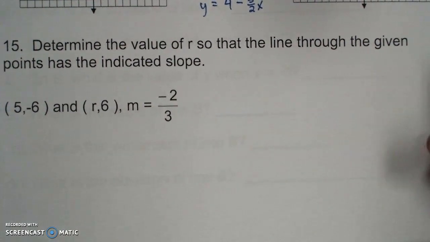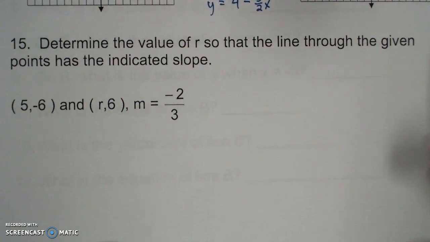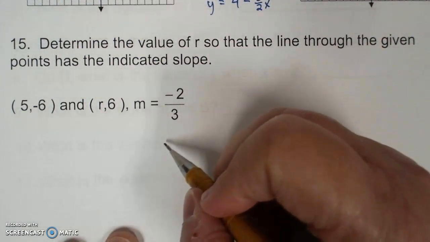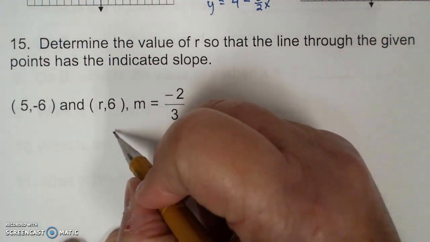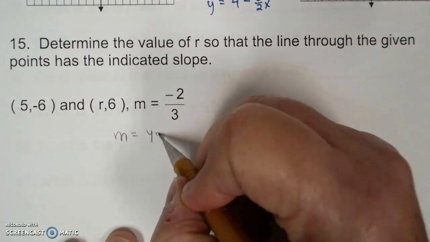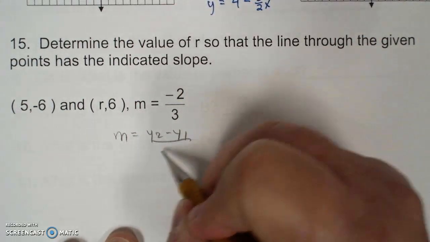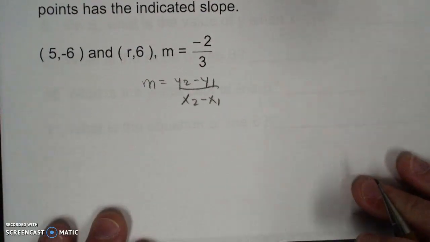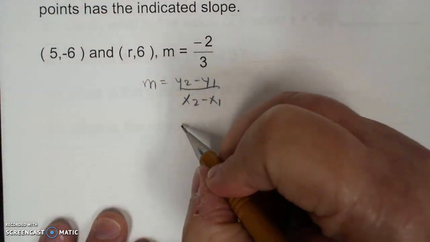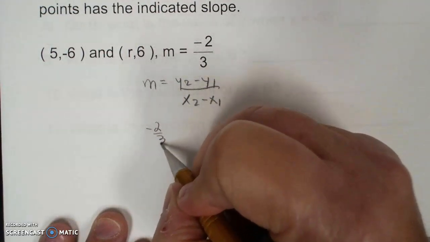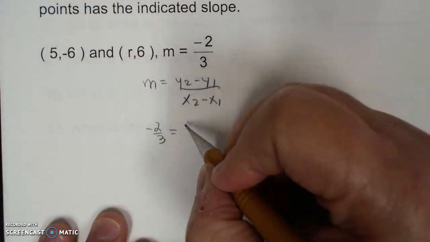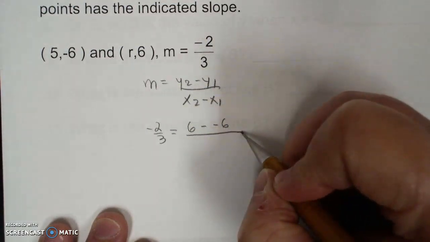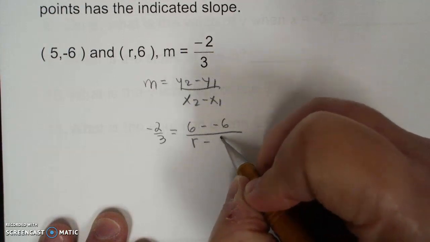Determine the value of r so that the line through the given point has the indicated slope. So I have m equals y2 minus y1 over x2 minus x1. -2/3 is my slope. 6 minus -6 over r minus 5.